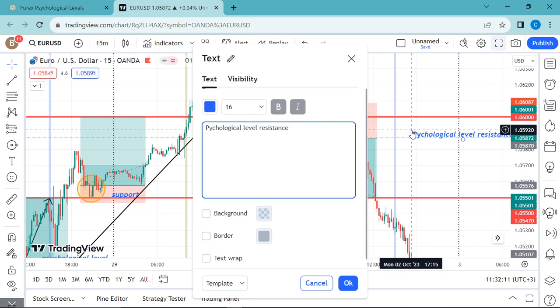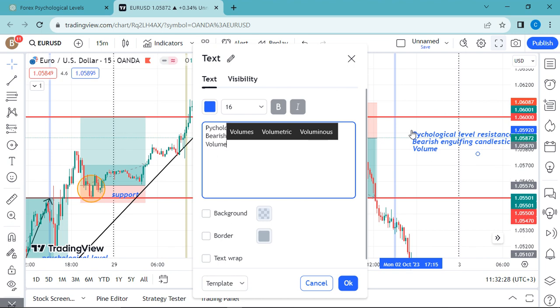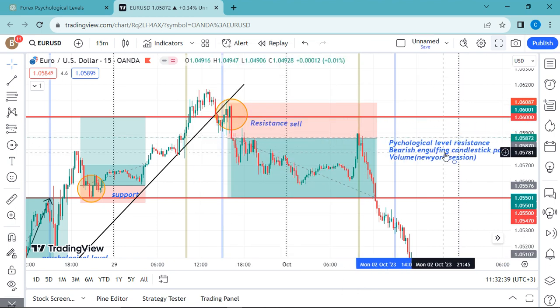Second confirmation was the bearish engulfing candlestick pattern. And now our third confirmation was volume because of New York session, right? So there were three confirmations.